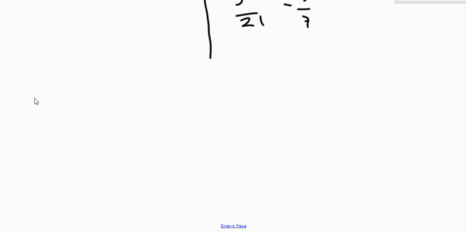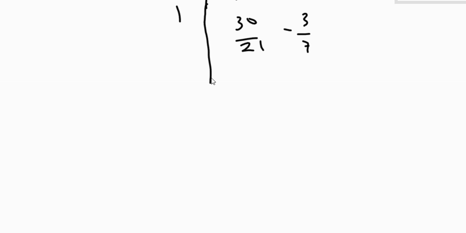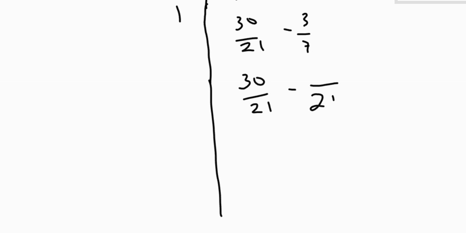I'm going to get a common denominator. 30 over 21, I can easily make this into denominator 21 if I multiply by 3. So if I multiply the 7 by 3, I also have to multiply the 3 by 3. So I get 9 over 21, which is equivalent to 3 over 7.